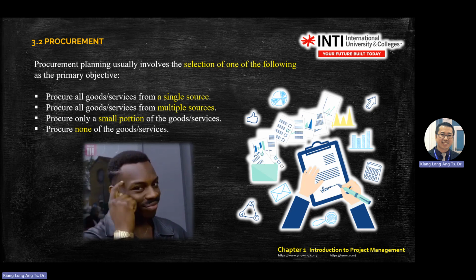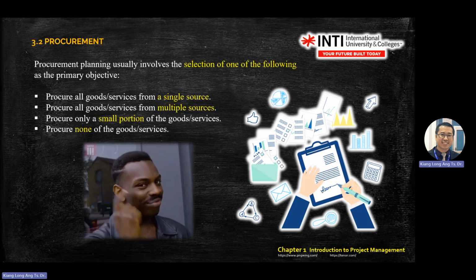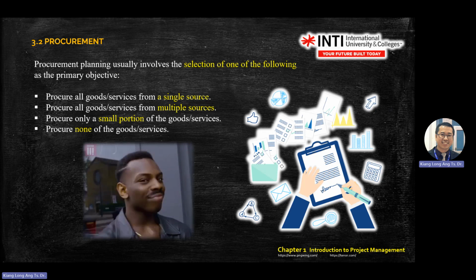These 4 decisions are for procurement planning. Don't confuse this with project management decisions. In coming slides, you will see that as a project manager you need to decide on other decisions. This is under the procurement unit.